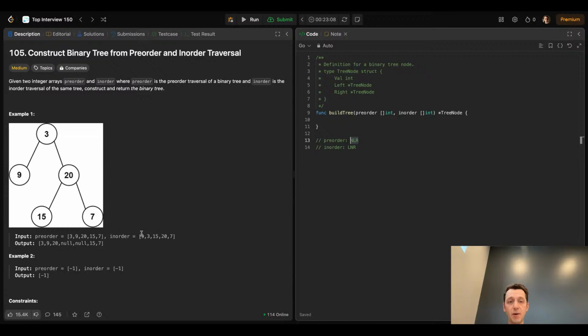So based on that, this 9 could mean it's the leftmost one you can get, because the entire tree starts on the left. If you go inorder, you start with the left node.